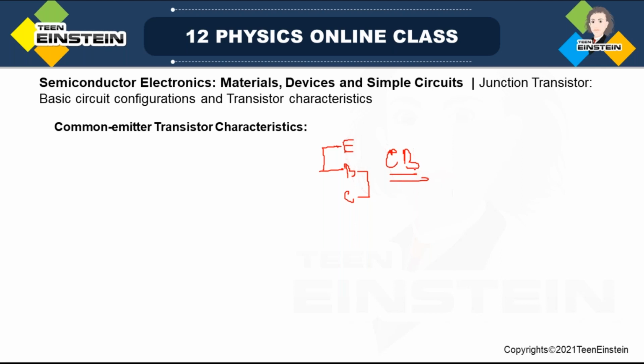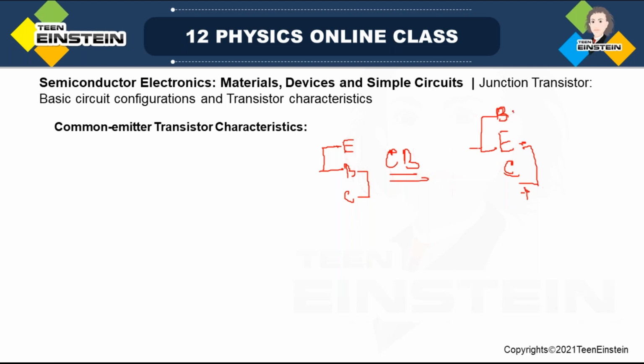Okay, common base circuit. Now if I take the emitter as the common terminal, then look, this I can connect and this too I can connect. So E is always negative or zero potential.